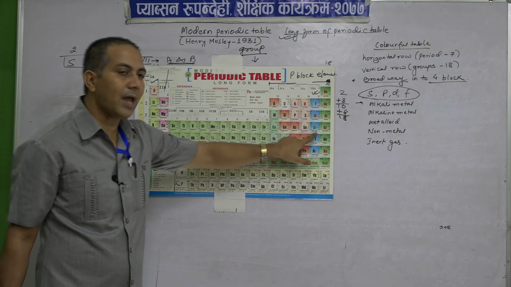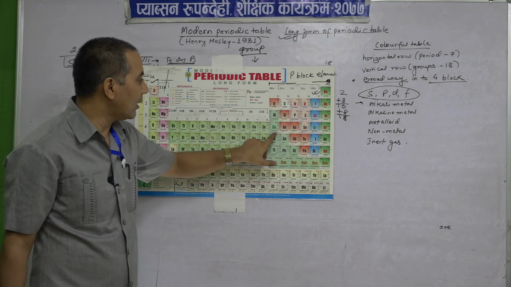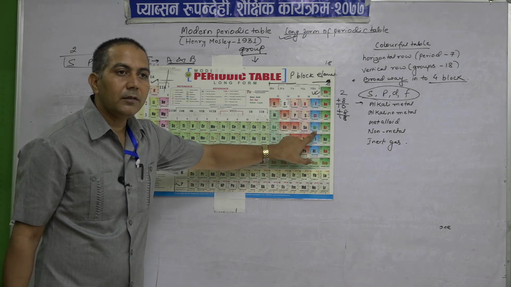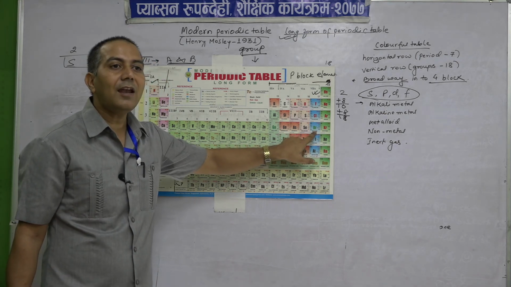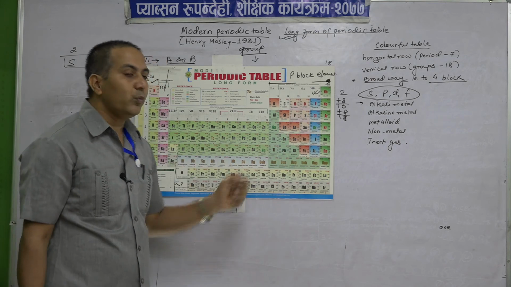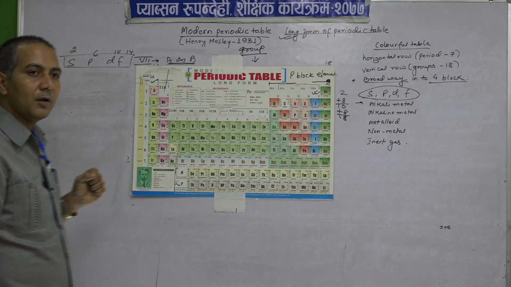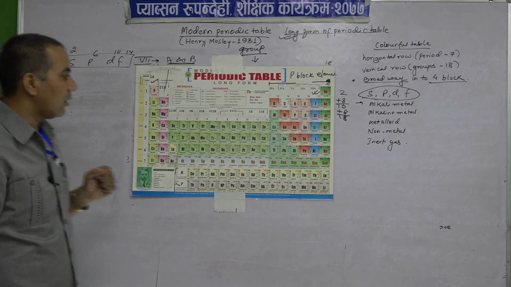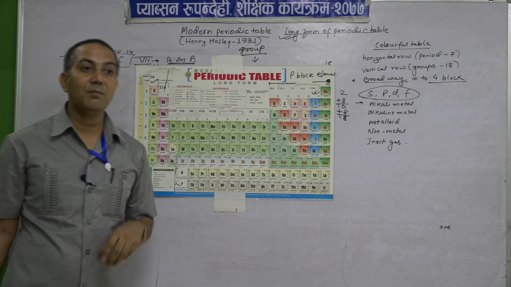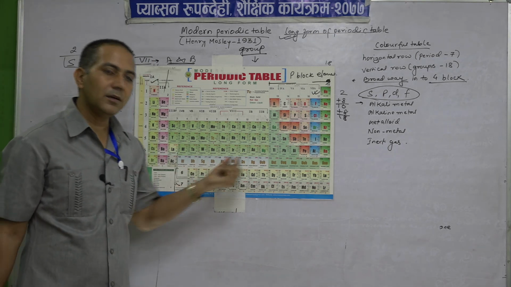Mercury, gallium and bromine. The green color means they are liquid. Which metal is liquid here? Mercury. It will be asked in your exam also: name the metal with liquid properties. That is mercury.